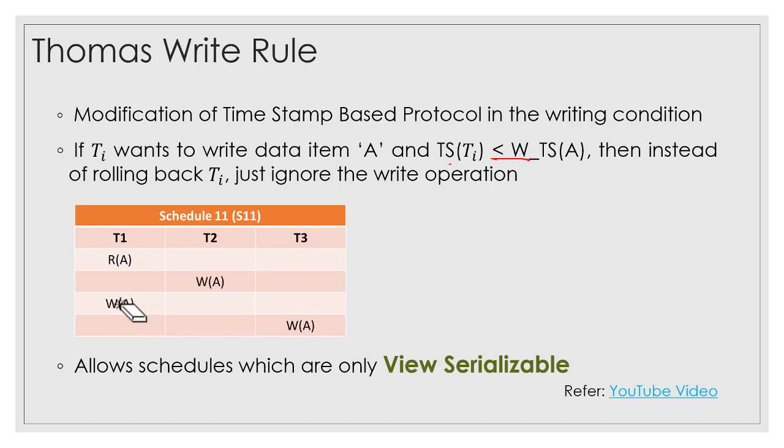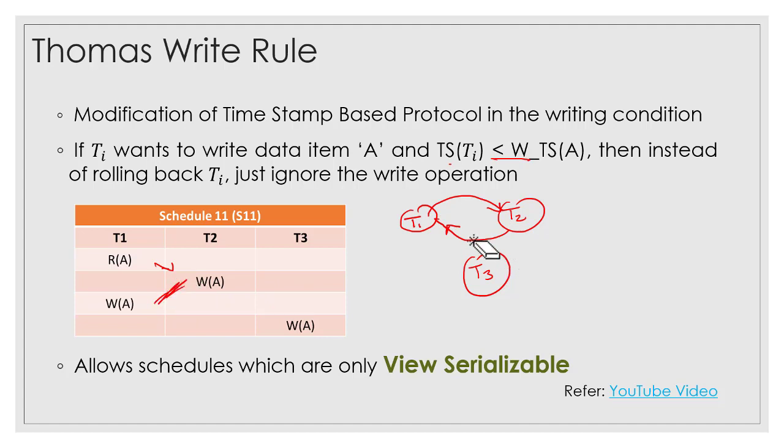Now let us discuss this schedule 1. If we use the timestamp based protocol, then we are going to roll back transaction 1. If we draw the precedence graph, there will be 3 nodes, where there will be an edge from transaction 1 to transaction 2 because of these two conflicting operations, and there will be an edge from transaction 2 to transaction 1 because of these two conflicting operations.